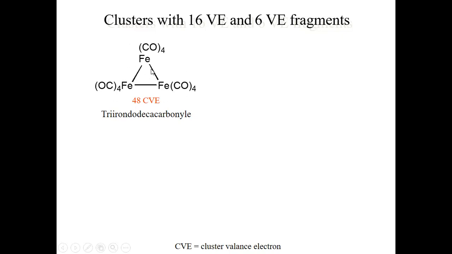So one possibility is to replace one 16-valence electron FeCO4 fragment by an organic 6-valence electron fragment, okay, which would be isolobal to the 16-valence electron fragment. So that could be, again, for instance, just a CH2 group.